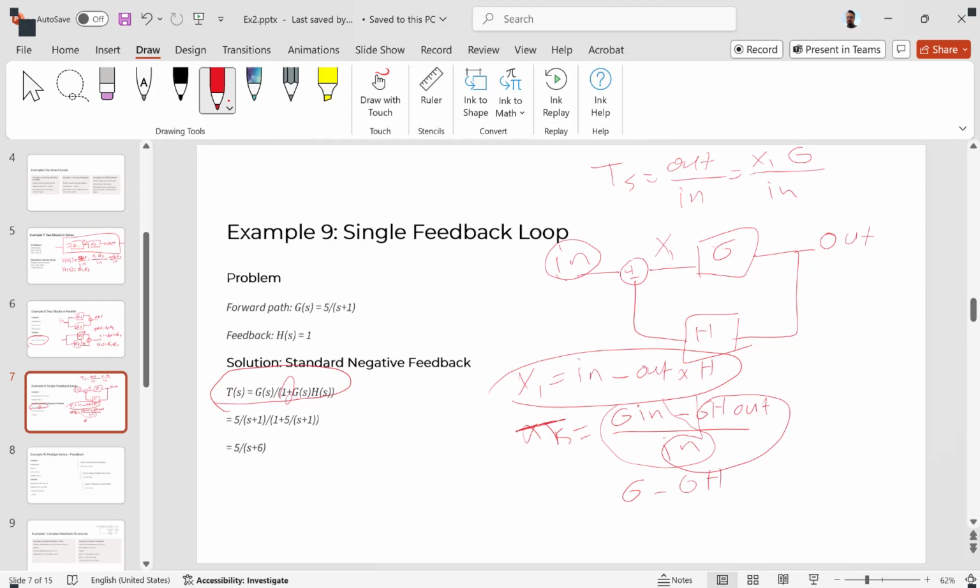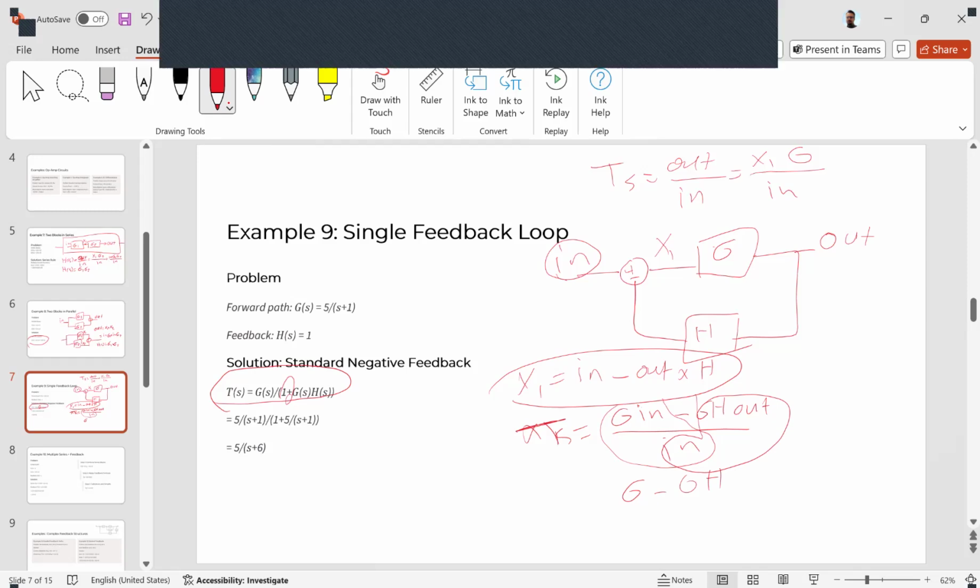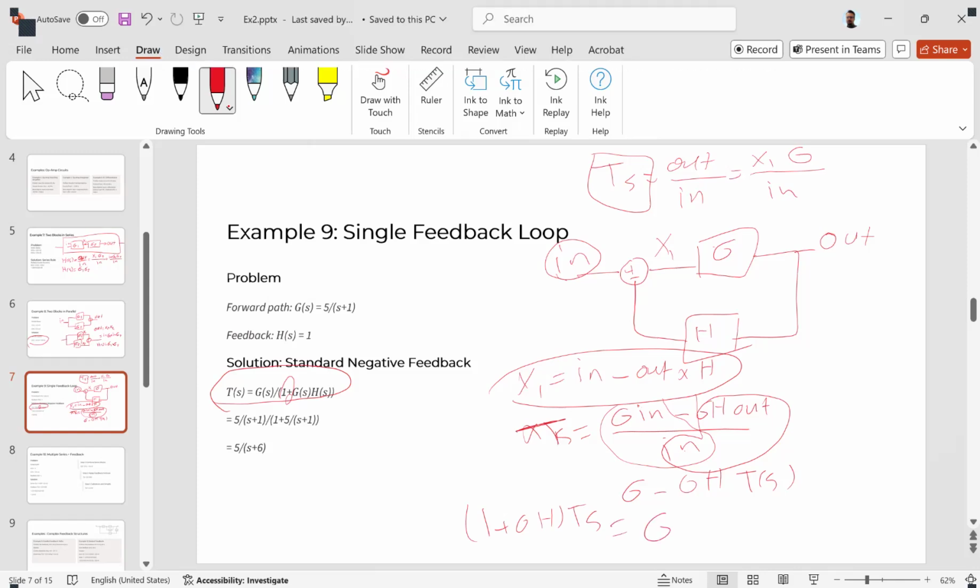What was output over input? TS, correct? GH times TS. If you move this one to the other side, that means 1 plus GH times TS is going to be G, correct? So, if we have that, what is TS?